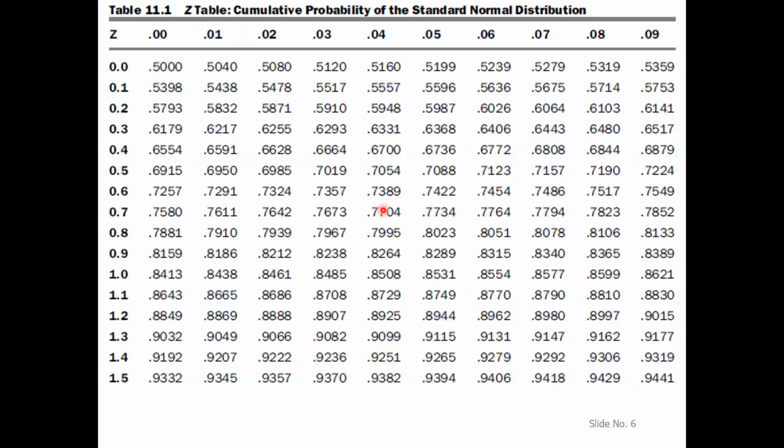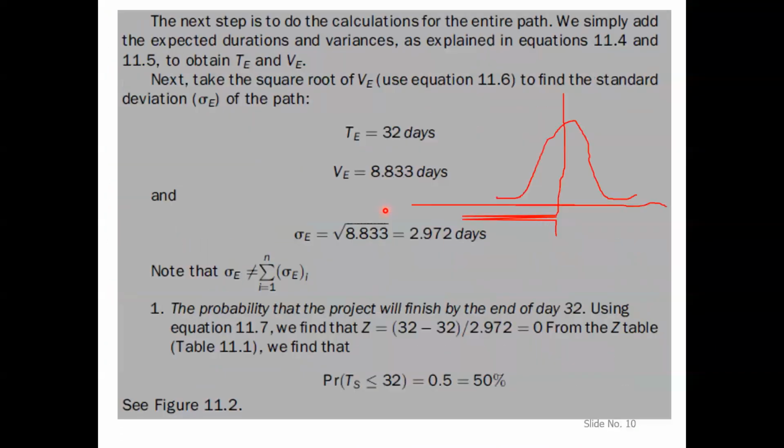So the probability of finishing the project by the end of day 32, meaning the project will finish by the end of day 32 or earlier, TS less than or equal to 32, is 50%.